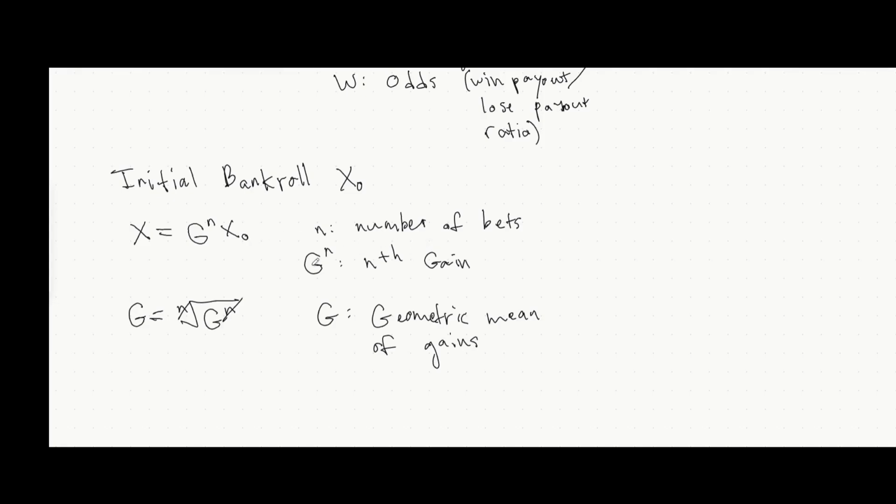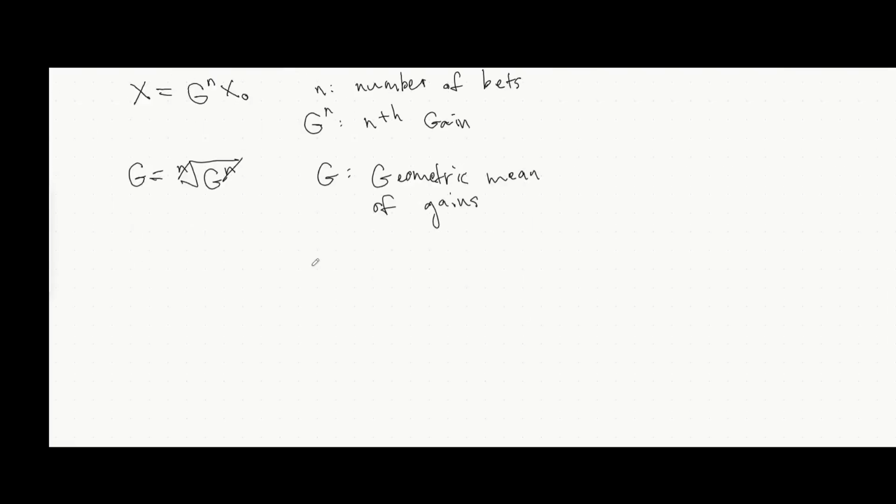So now that we've expressed our variables here, let's start to break them down to what they actually are. So our nth gain is, so actually this is going to be the expected value, because we don't actually know what the result is. So all we can do is predict what we expect the value of our bankroll to be. So the expected value of our gain is going to be, so every time we win, we're going to increase our bankroll by a factor of how much we've bet times the odds, 1 plus FW.